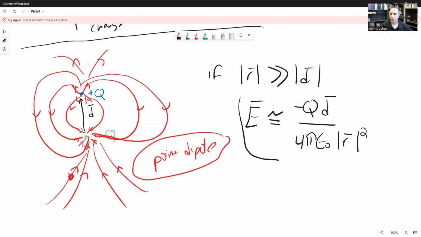Right, so this is the electric field for a point dipole. Where again, D is a vector that points between the charges. The presumption in an electric dipole is that the positive and negative charges have the same magnitude. They're just opposite in sign.